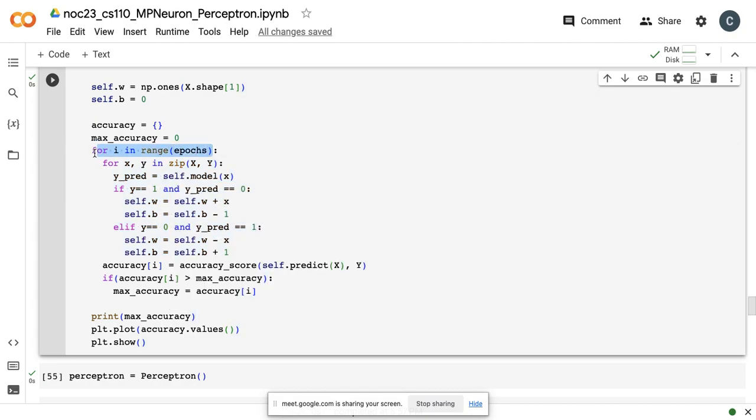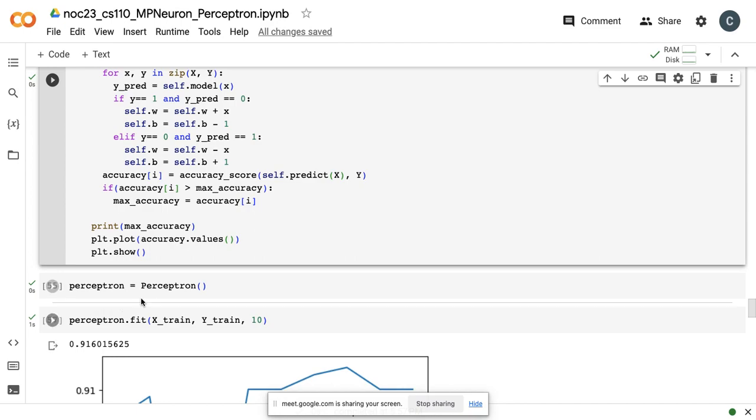So you are adding an extra outer for loop, where you go through the data multiple times to adjust the values of w and b, and you will find the accuracy.